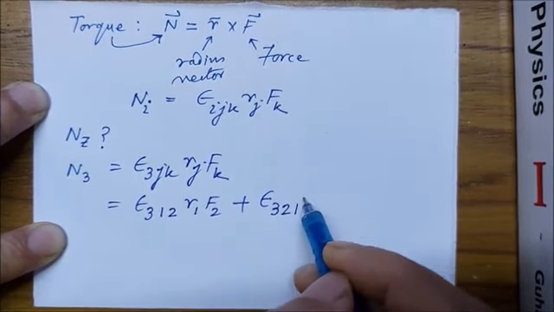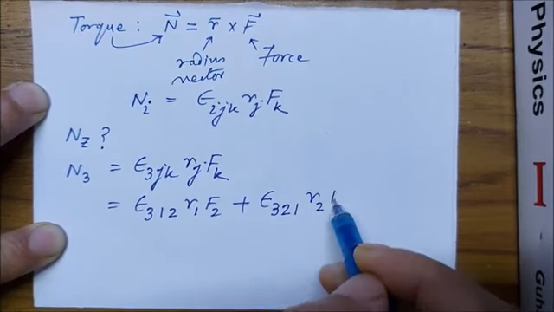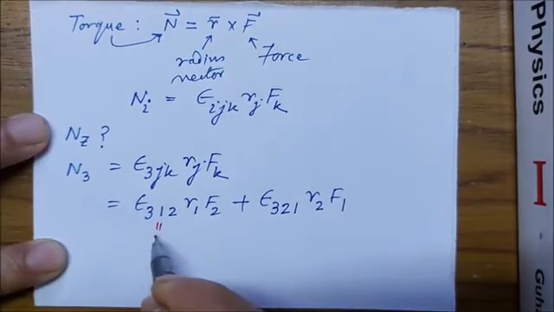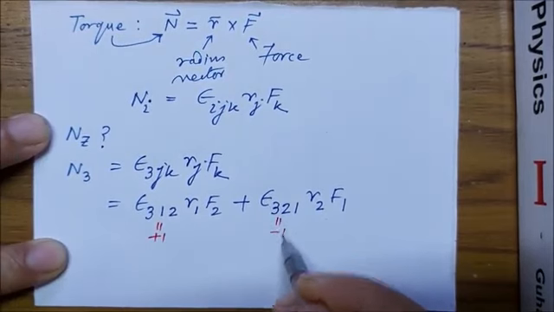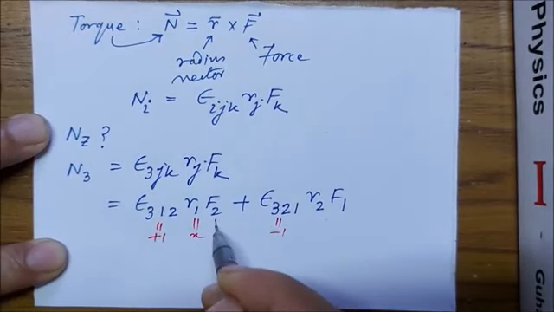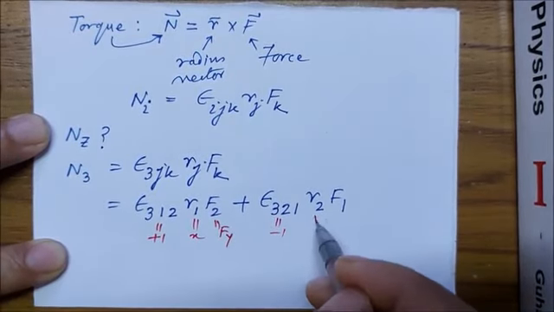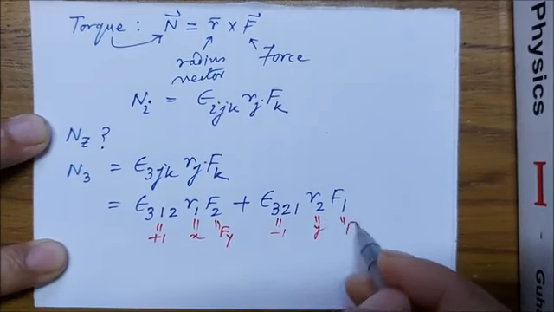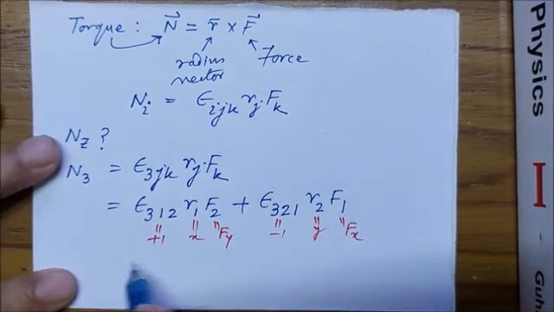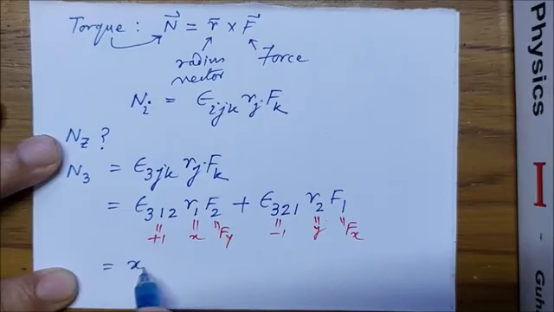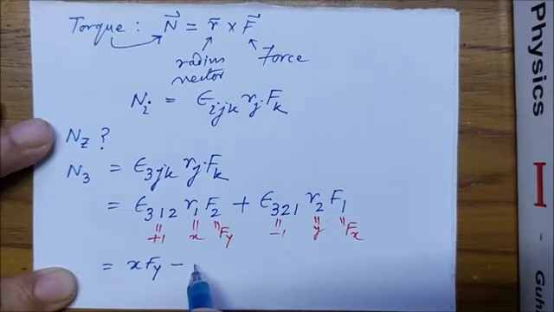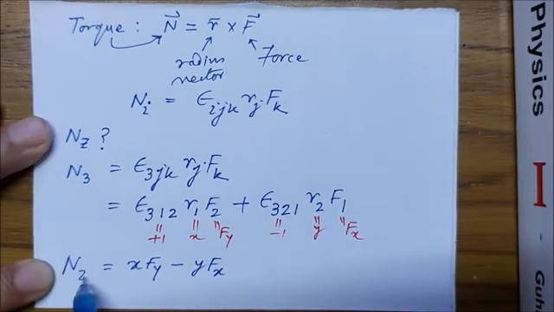So it is epsilon_321. Now we note that this is plus 1 and this is minus 1. This is x, this is Fy, this is y, and this is Fx. So the result that we get is x Fy minus y Fx, and this is Nz.